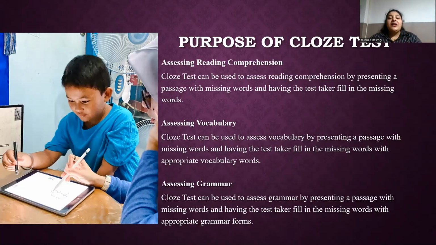Vocabulary is used to measure a person's knowledge of words and phrases. Testing grammar evaluates a person's understanding of grammatical structure and sentence formation. It measures reading comprehension, which determines a person's ability to understand and interpret written text.